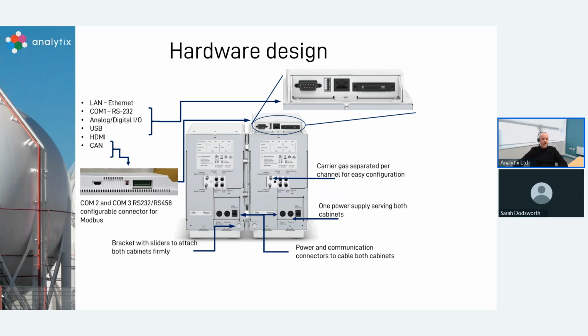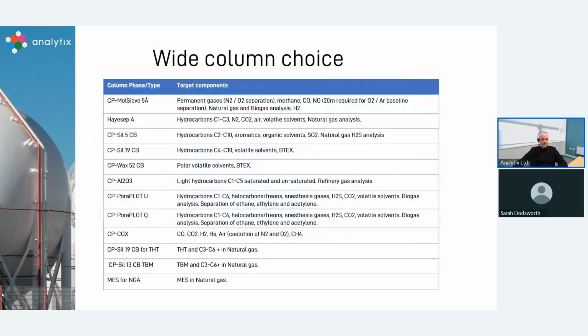In terms of column choices, there is a wide variety of column phases available. Some of the more common ones are things like the mole sieve, so for permanent gas work for nitrogen, oxygen, hydrogen, helium, CO, etc. There are various lengths of these available, so 4, 10 or 20 meter based on your application. And then there are various lengths of backflush pre-columns that we can add on to these as well.